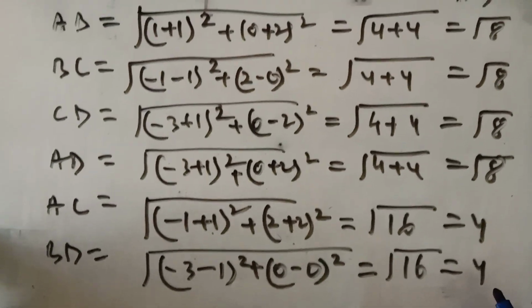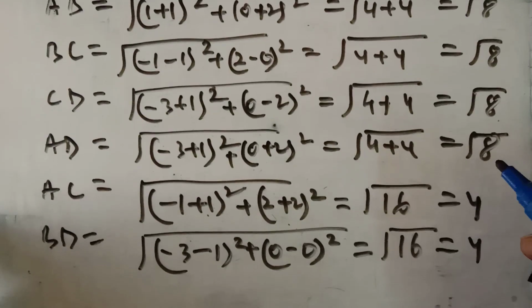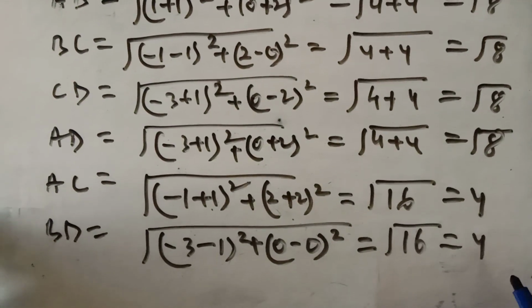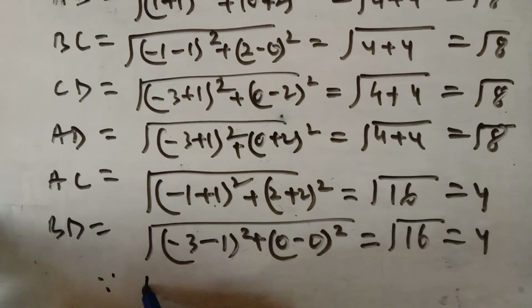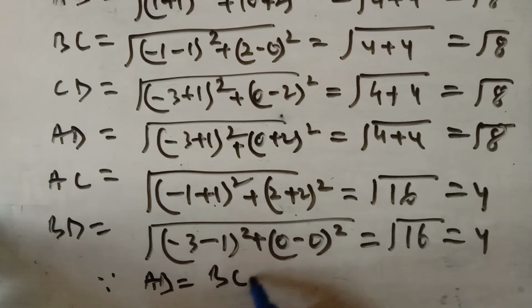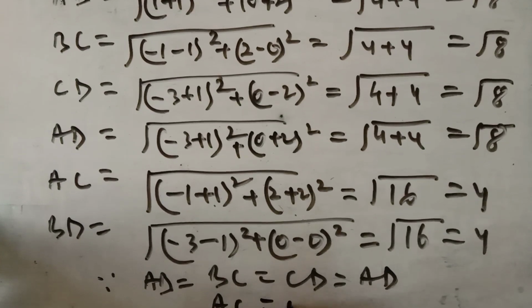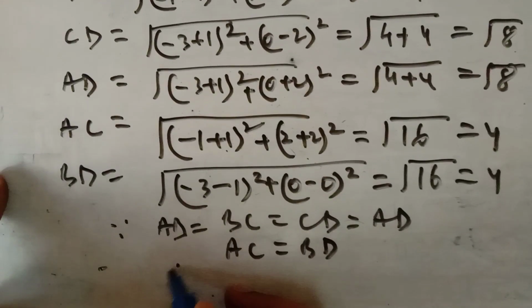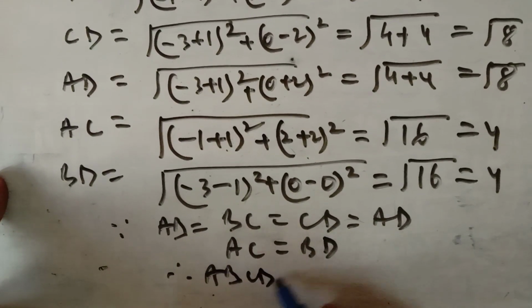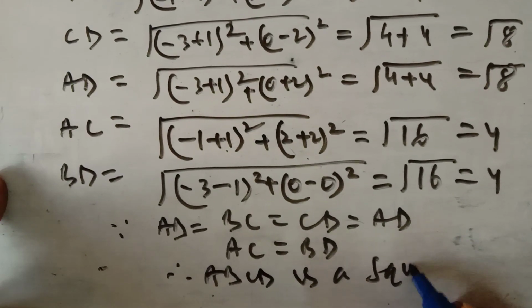So in this quadrilateral, all the 4 sides are coming to be equal to each other, and the lengths of the diagonals are also equal to each other. So because AB is equal to BC is equal to CD is equal to AD, and AC is equal to BD, therefore ABCD is a square.